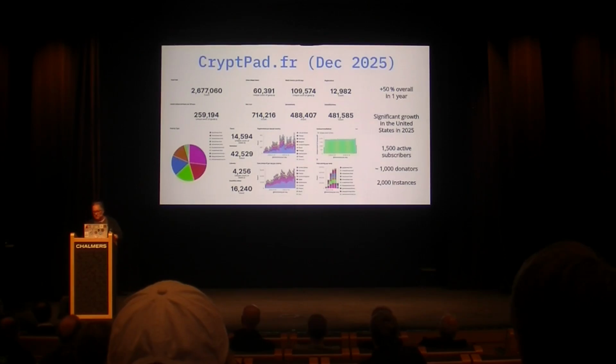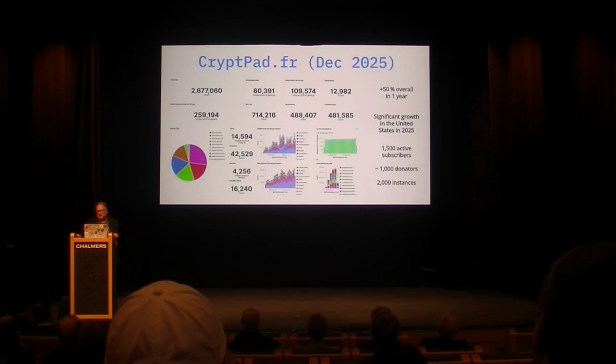In 2025, we had a big usage growth in the US. It might not be too difficult to guess why. The US has outgrown our biggest country, which was Germany before, and has outgrown Europe in the usage of CryptPad.